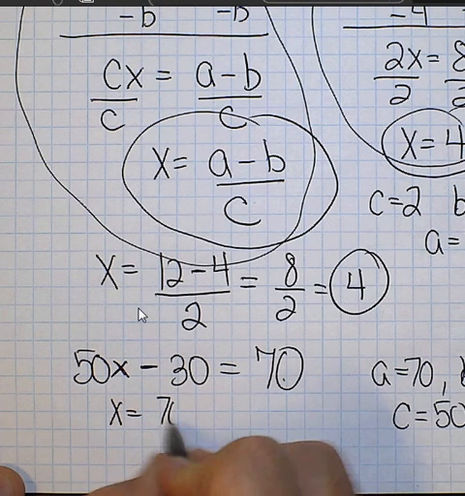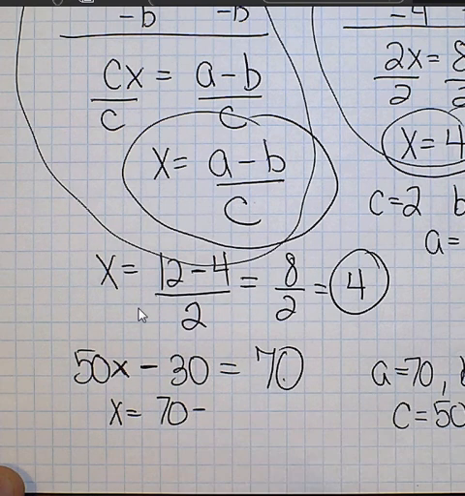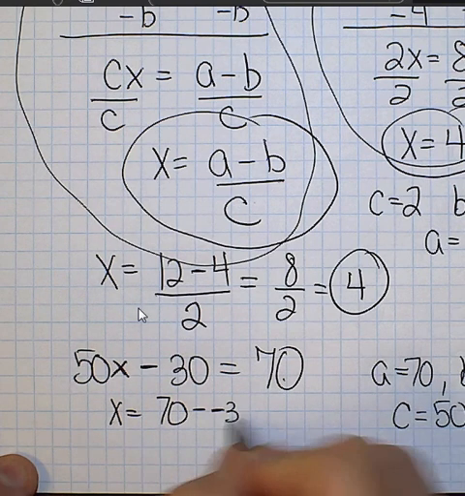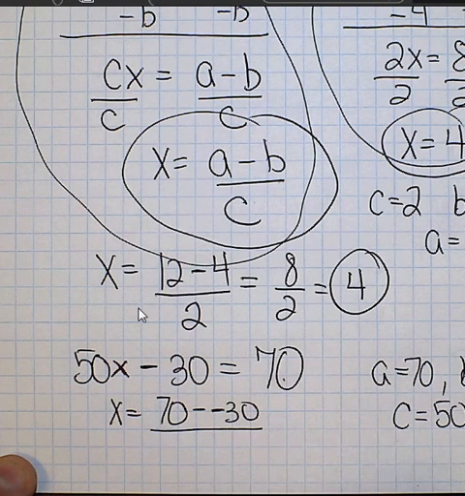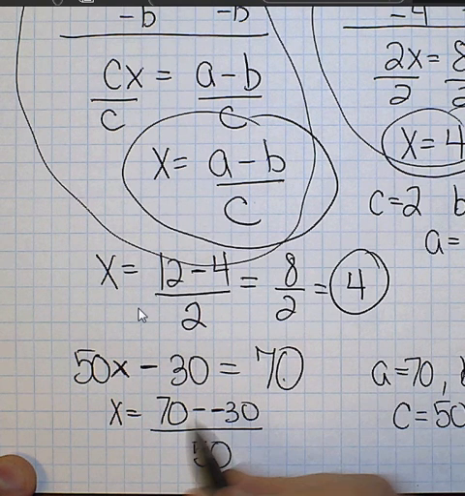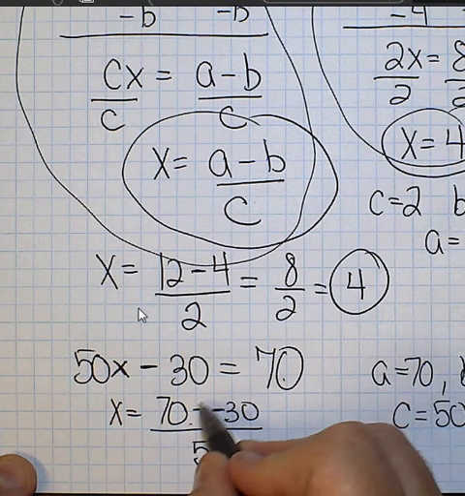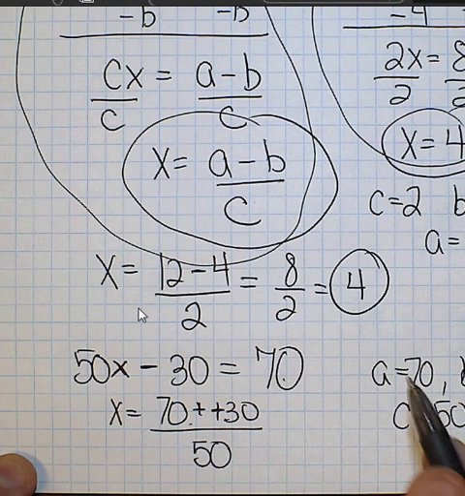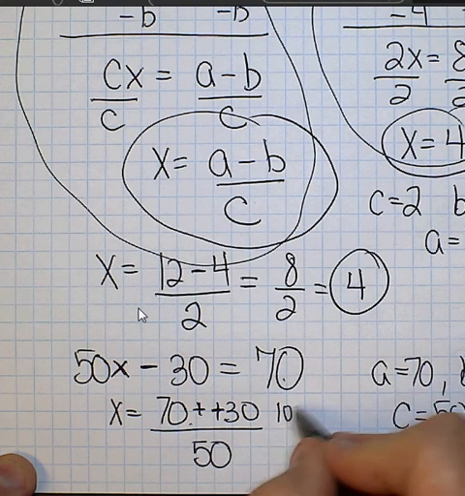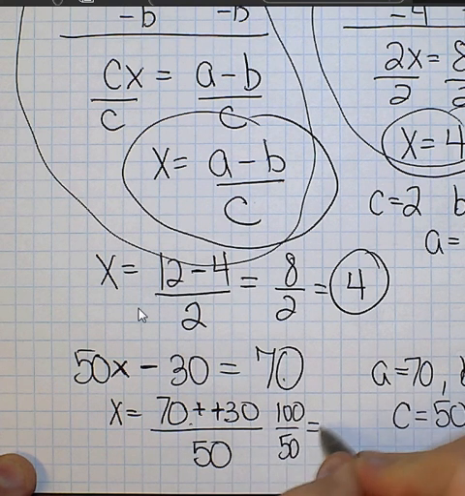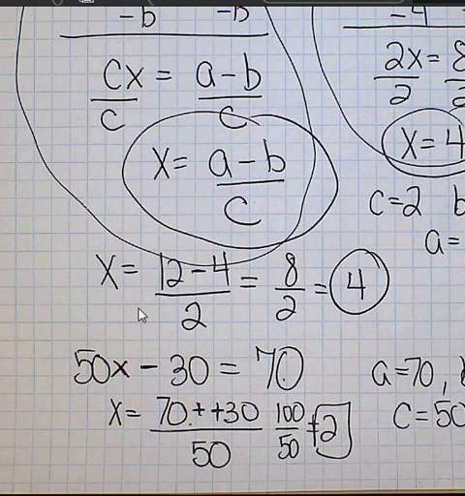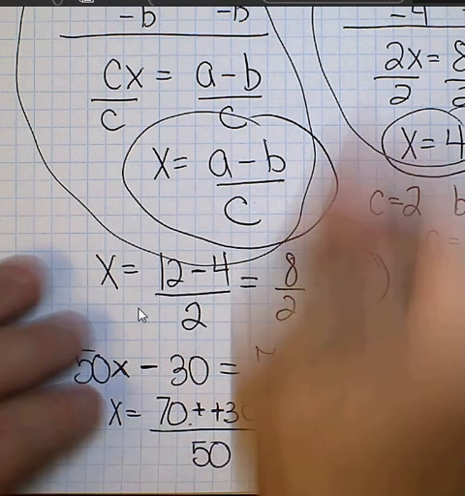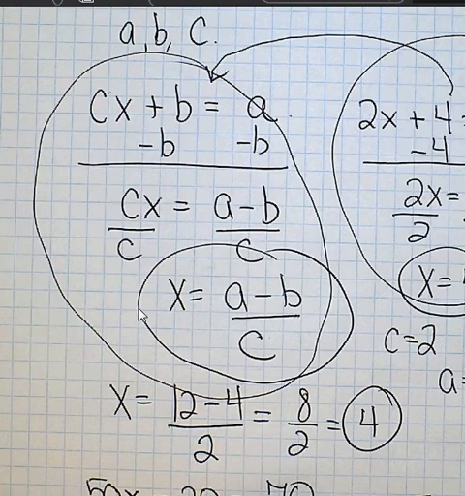A, which is 70, minus B, which is a negative 30, divided by C, which is 50. What's a minus? Plus. What's 70 and 30? 100. And what's 100 divided by 50? 2.